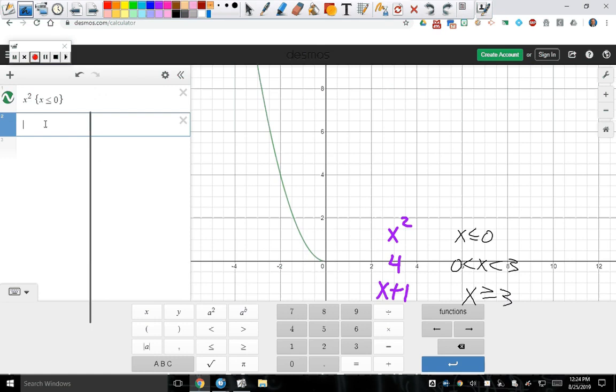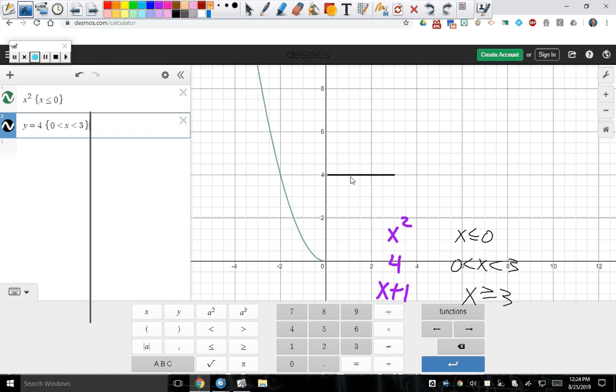Our second function that we're going to do is y equals 4, space, shift, brace, and we're going to say between 0 is less than x is less than 3, shift, brace to close it. And you notice this graph won't show open holes. They exist there, but it won't actually show you an open hole.